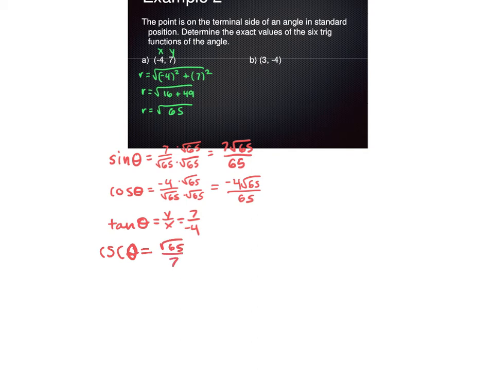Awesome. Then secant, square root of 65 over negative 4. Perfect. And then lastly we have cotangent, negative 4 over 7. Perfect.